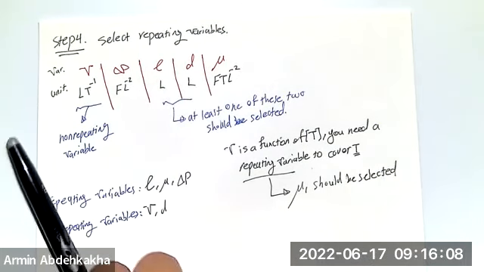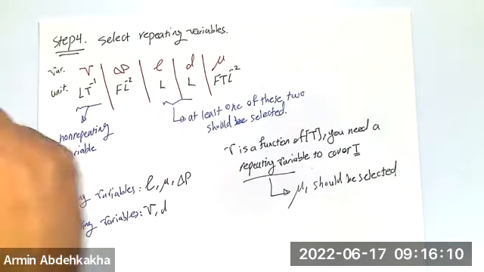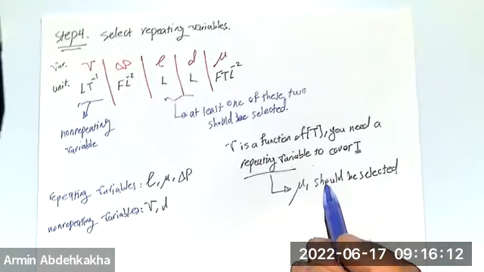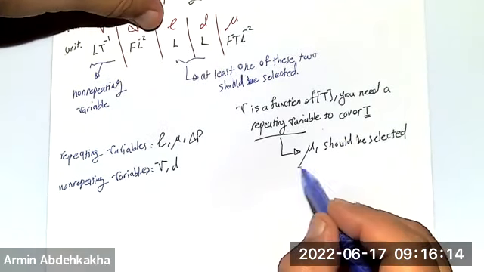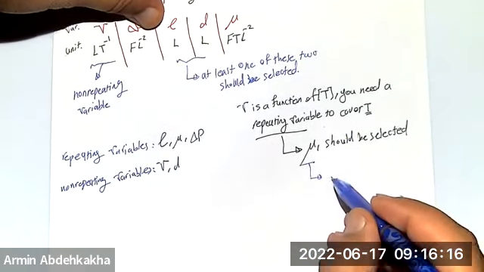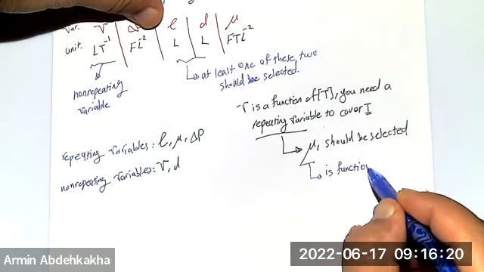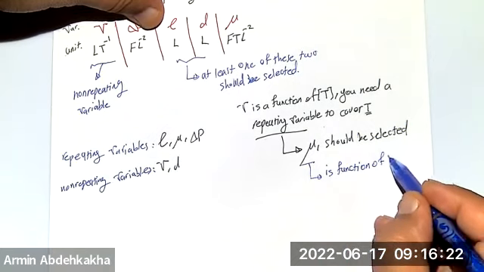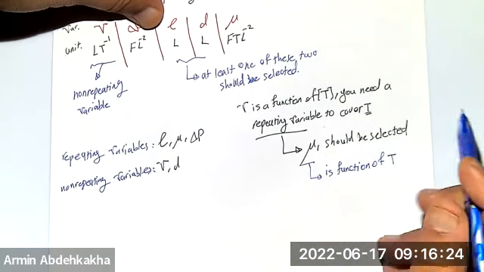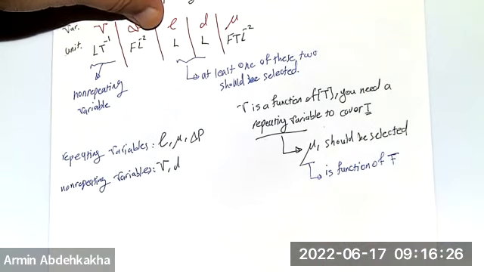Okay, perfect. You know mu should be selected, but at the same time, mu is a function of what? Function of T. I'm sorry, function of F. So you need to cancel that out.